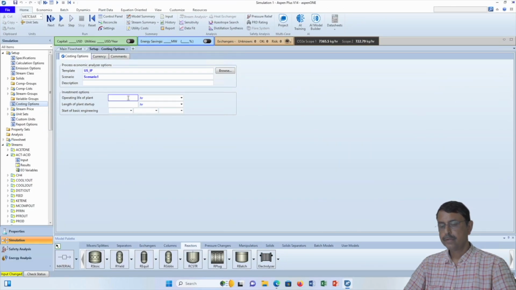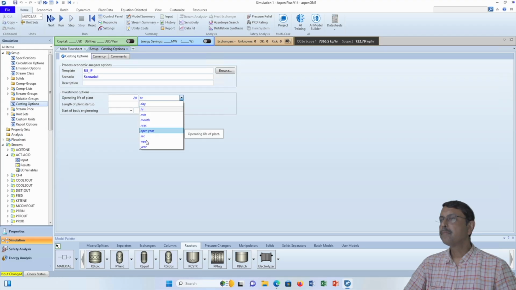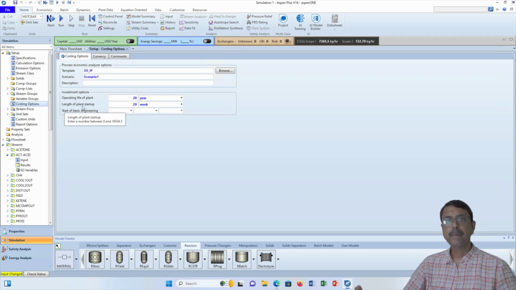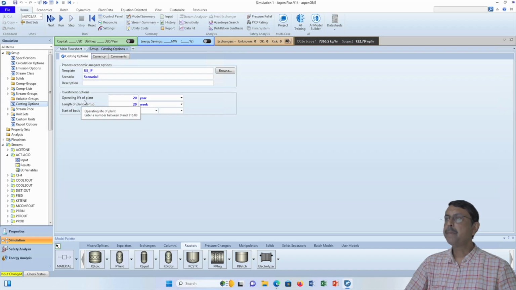So this is 20 and this is also 20, but it is weeks. So what it says is that the plant will be operational within 20 weeks and it will operate for 20 years. So basically, operating life of the plant means that this plant will be operating for 20 years.